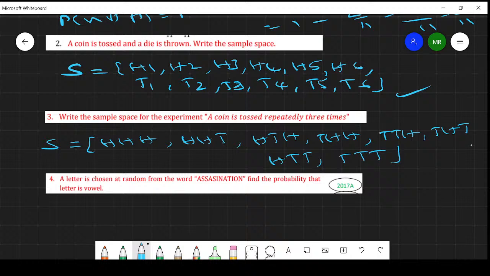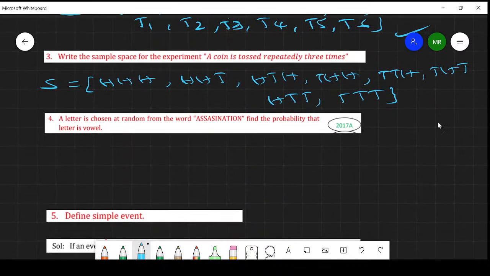Like this it comes. This is the total of 8 possible outcomes. A coin tossed 3 times means a total of 8 sample points will be there.